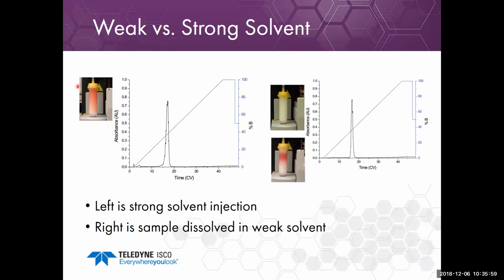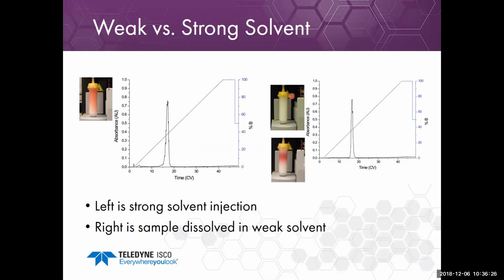On the left is a flash reverse phase column with the sample dissolved in the B solvent. What we see is that we have a decent looking peak. We have some tiny little peaks at the front at about 1 column volume. And 1 column volume after injection, you can see that the colored compound is dragged down the column.